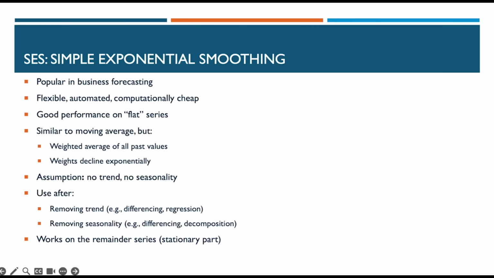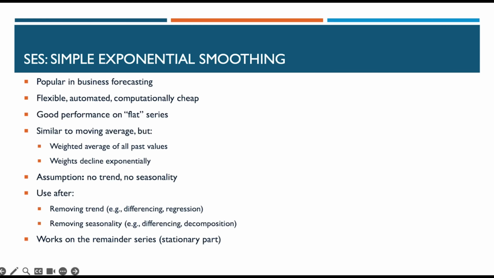So in this lecture, we are going to discuss multiple exponential smoothing techniques. One of the first and most basic ones is the SES, Simple Exponential Smoothing. It became one of the most widely used in business forecasting because it balances flexibility and ease of use. It's like moving averages.